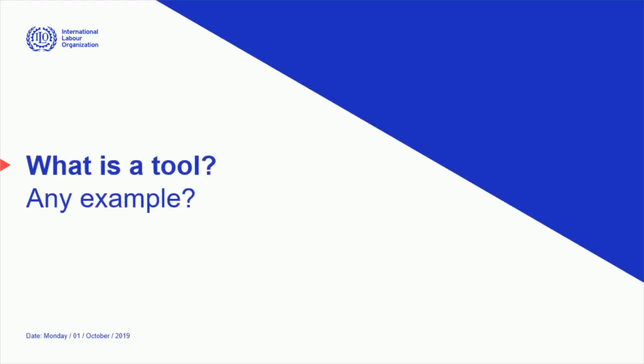What is a tool? Can you give an example? In general, a tool is an instrument or device used to carry out a specific task or function. Tools can be physical objects or software programs designed to facilitate a particular process or achieve a specific outcome.